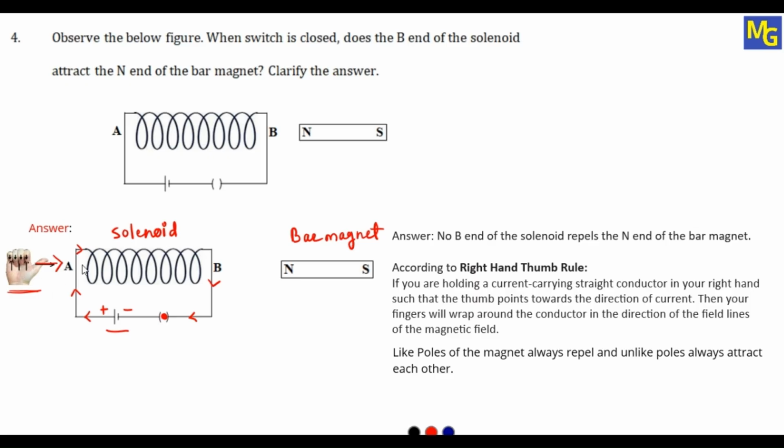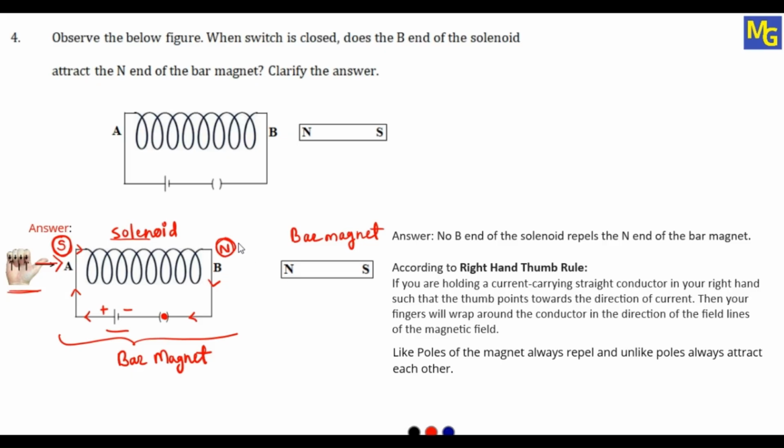So according to this rule, the side of the solenoid from where the current is entering will act as the south pole, and the other side of the solenoid will act as the north pole. Once the current enters the solenoid, the whole solenoid will act as one more bar magnet. For this bar magnet, this end is south and the other end, that is the B end, will be north.